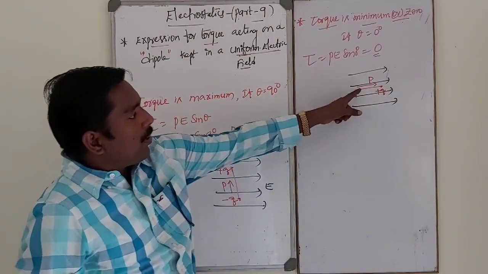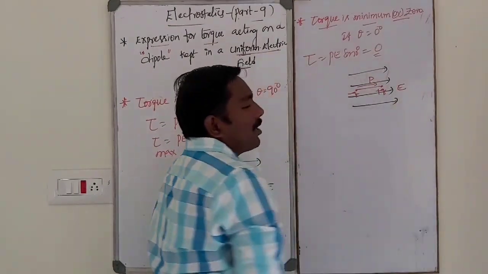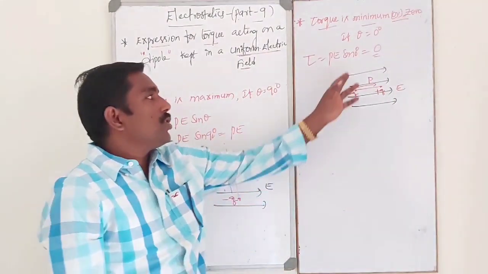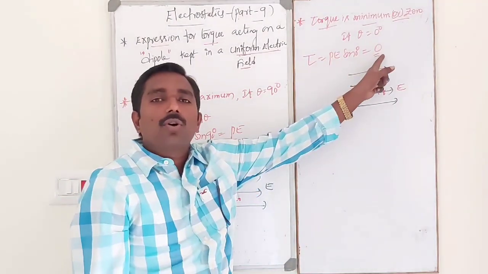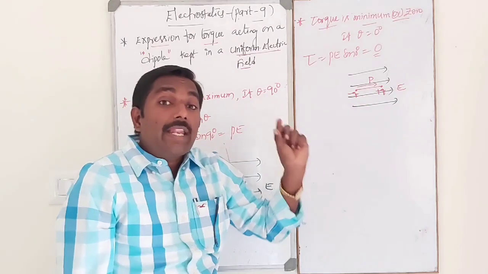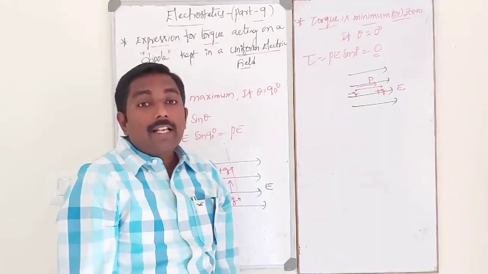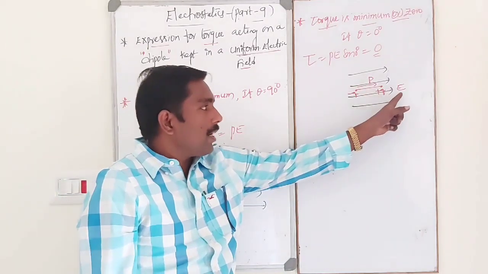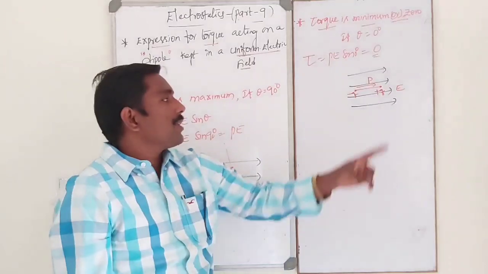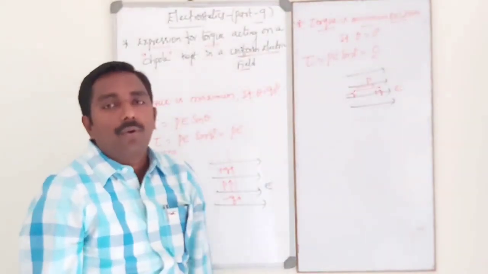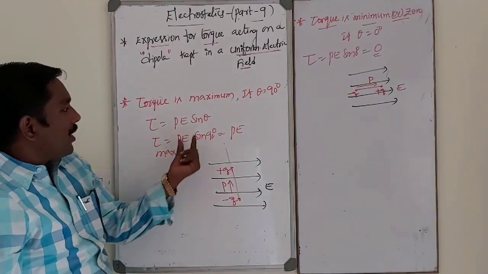The direction of dipole moment and electric field are both in the same direction. Theta is equal to how much? 0 degrees. So tau is equal to 0. That is, whenever the direction of dipole moment is parallel to the direction of electric field, no torque is experienced on the dipole. So please remember it, students.